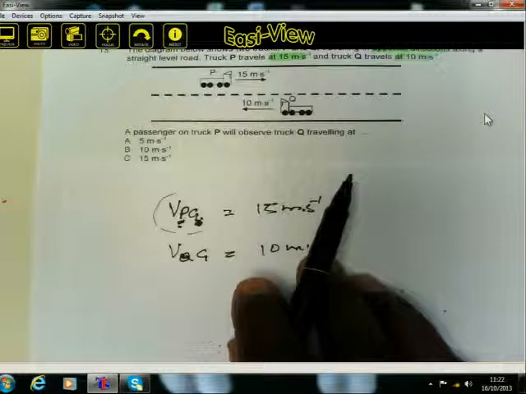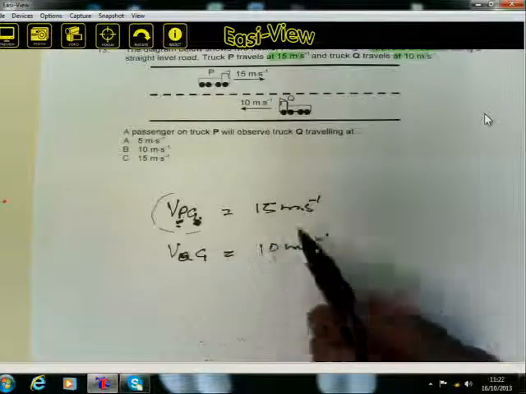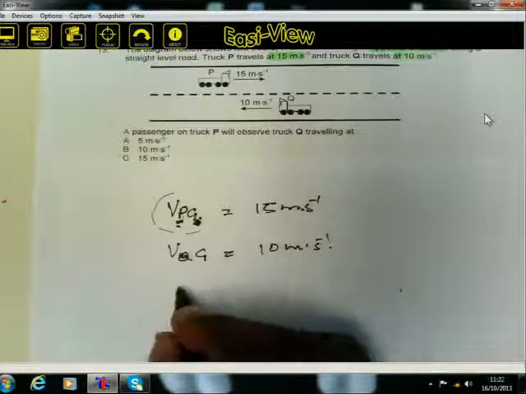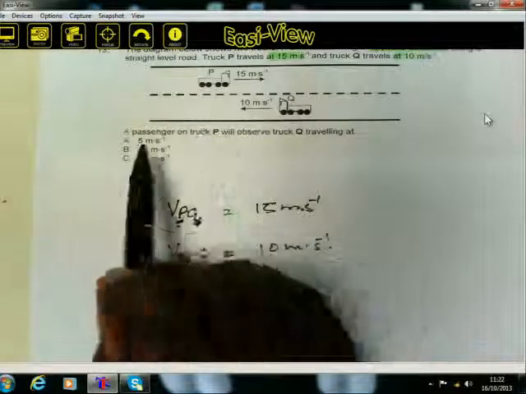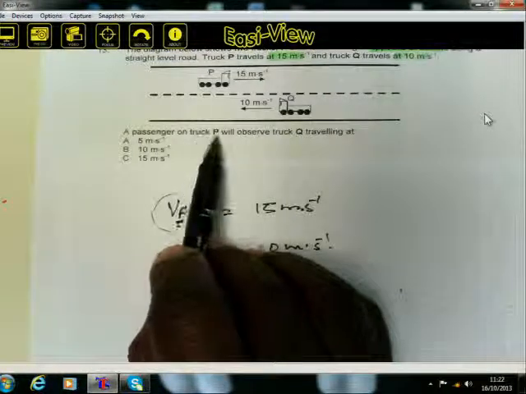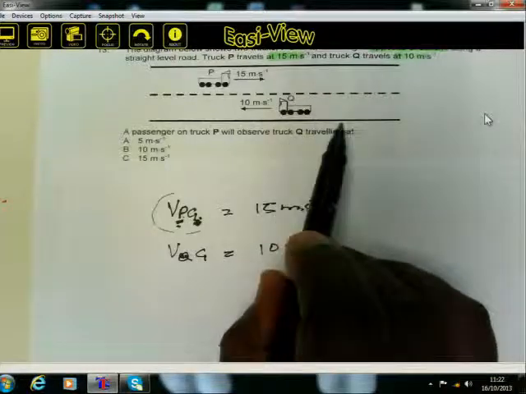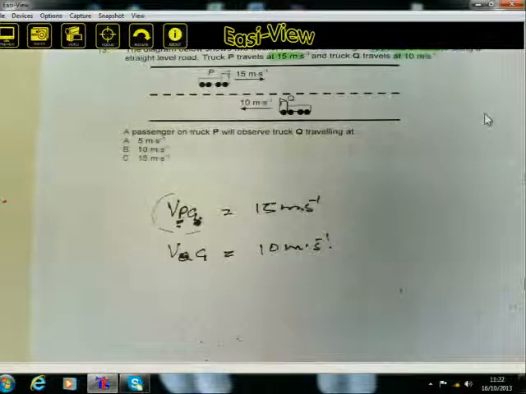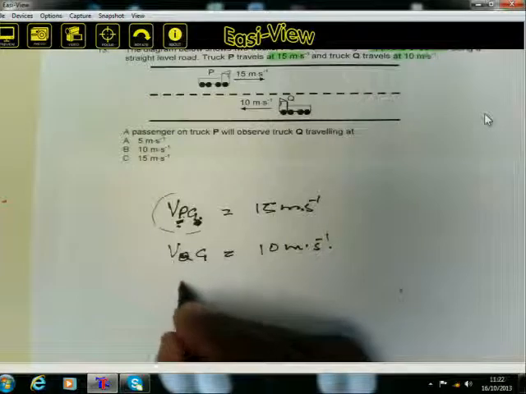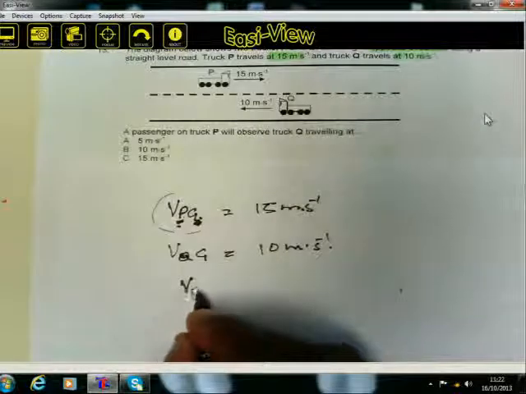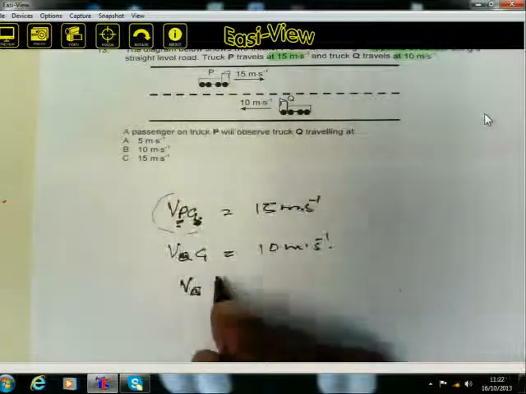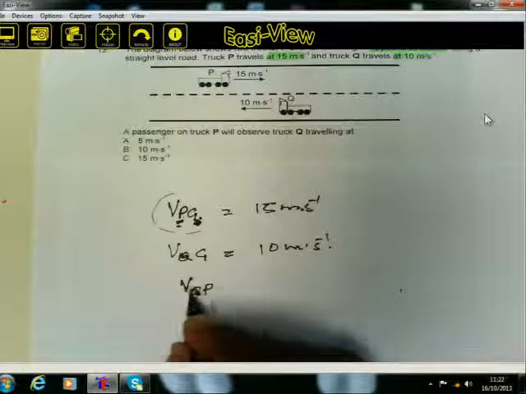Why did you say the velocity of track Q relative to track P? We are saying the passenger on track P will observe track Q traveling at what? So this passenger is the observer. In other words, we'll be saying the velocity of the one that is being observed, Q, relative to that of the observer, which is P.